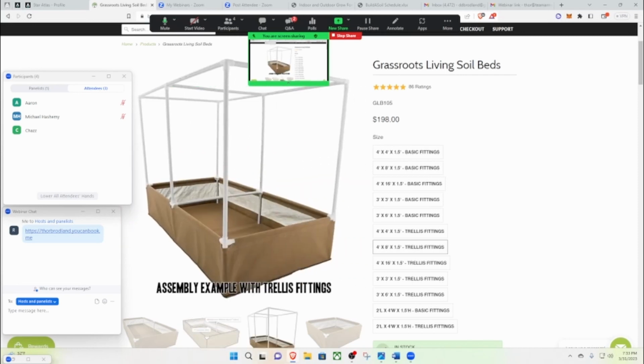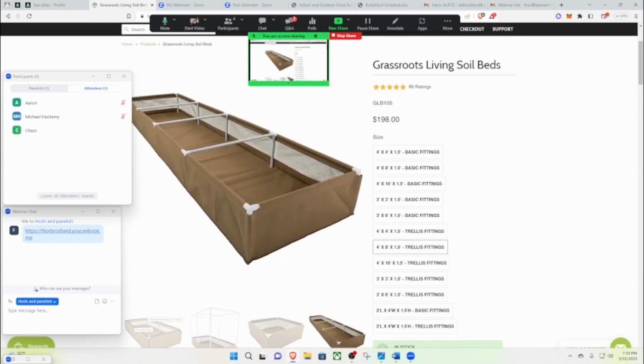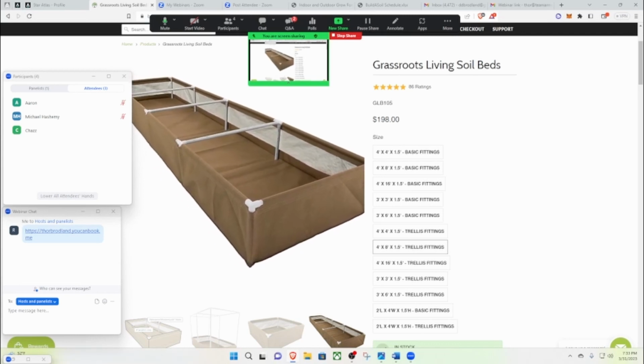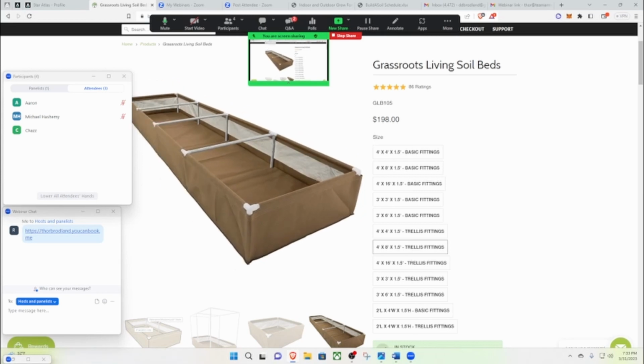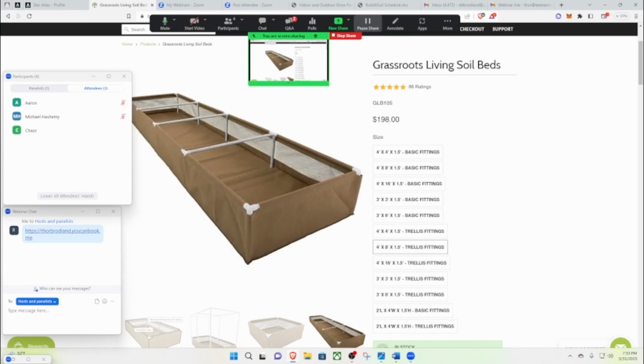I think this is a cool product that I've used and is great for a large volume of soil if you're not planning on moving them around. So if you're going to grow from veg phase into flower in the same tent, then using a larger system that's more permanent, you're going to get better results because you have a larger soil volume.